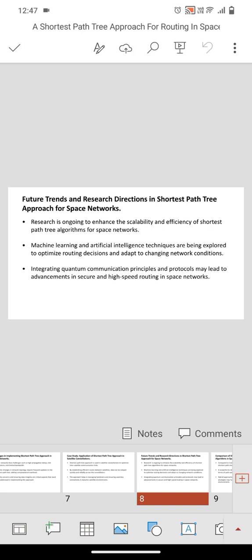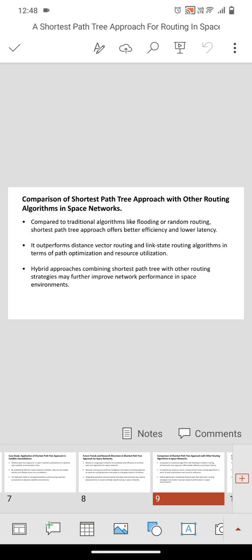Integrating quantum communications principles and protocols may lead to advancement in secure and high-speed routing in space networks. These are the future trends and research directions.